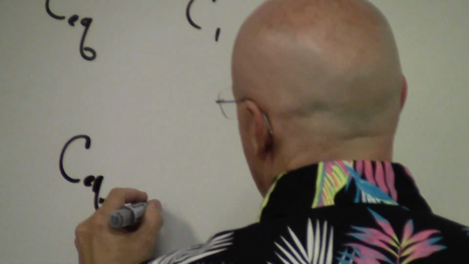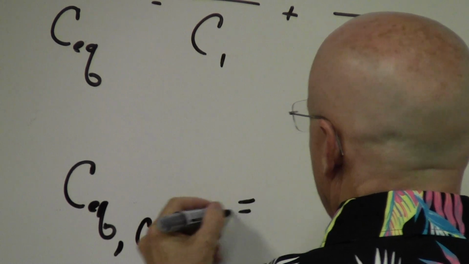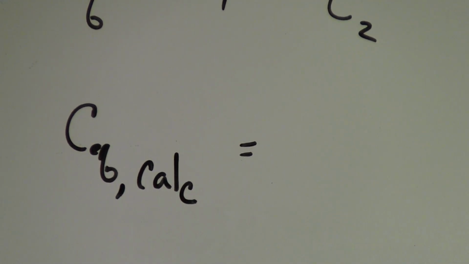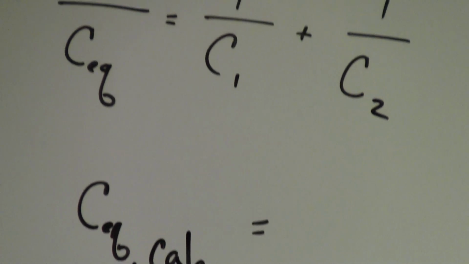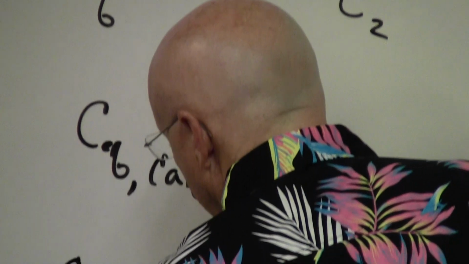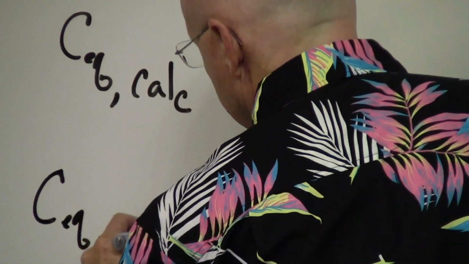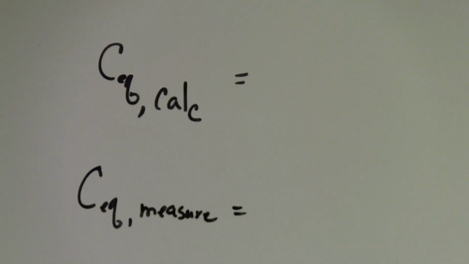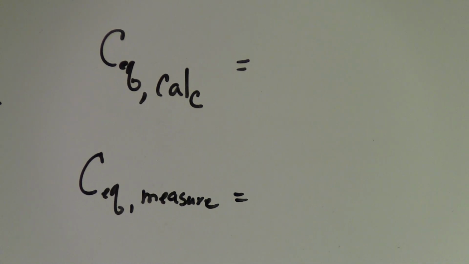I'll just put a calculate here. Then we want to measure this equivalence. And of course, if our theory is right, what we calculate and what we measure should agree.